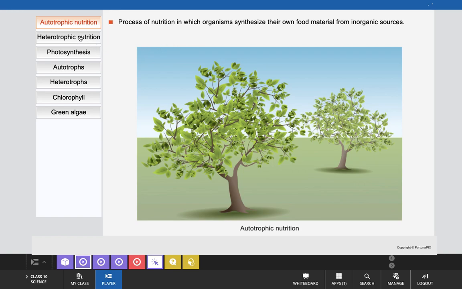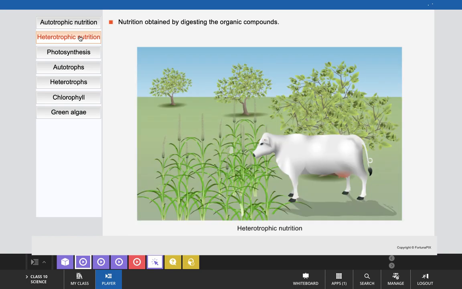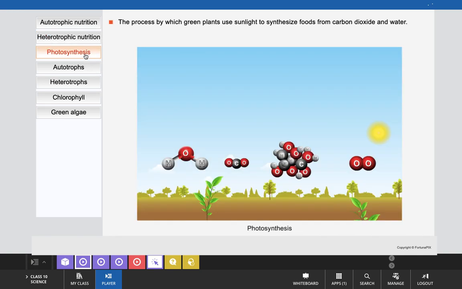Now come to the next keyword, heterotrophic nutrition. Nutrition obtained by digesting organic compounds is known as heterotrophic nutrition. Like in this figure, you are seeing that the cow is doing heterotrophic nutrition. Next keyword is photosynthesis.